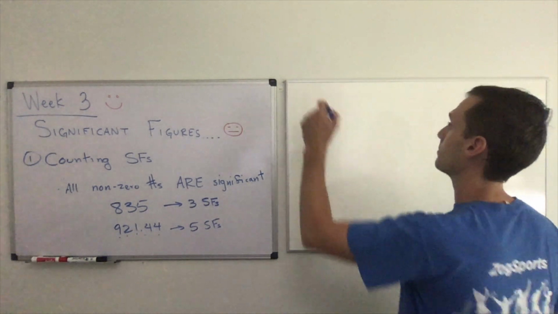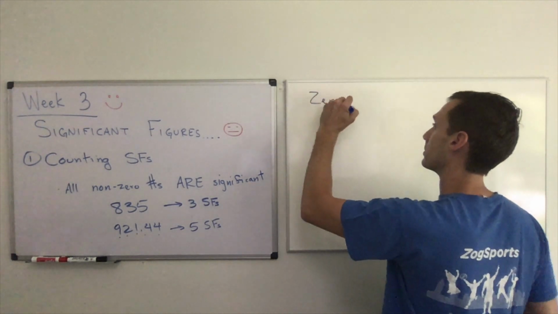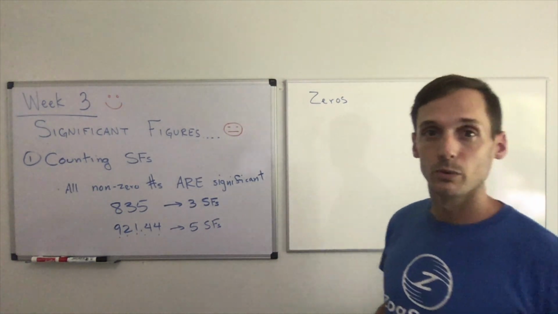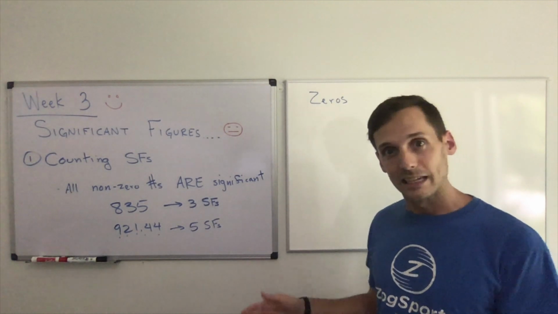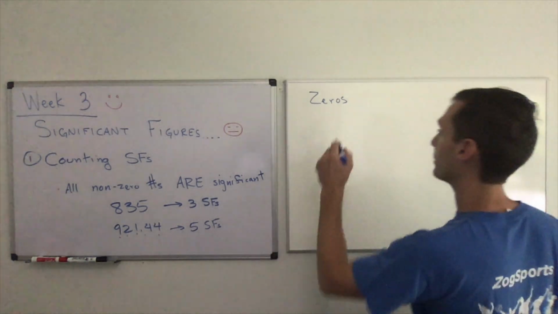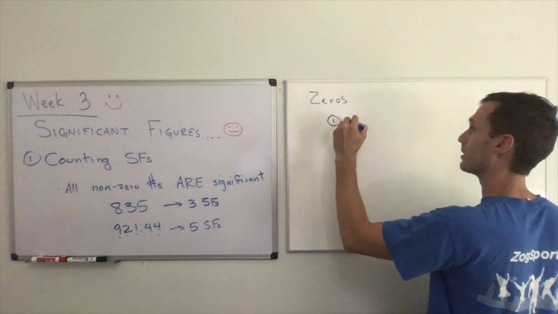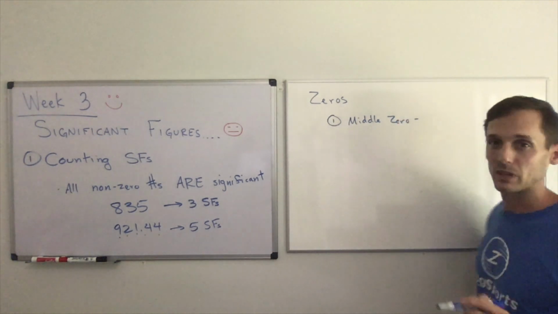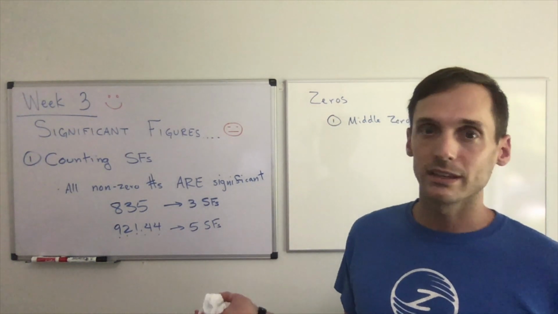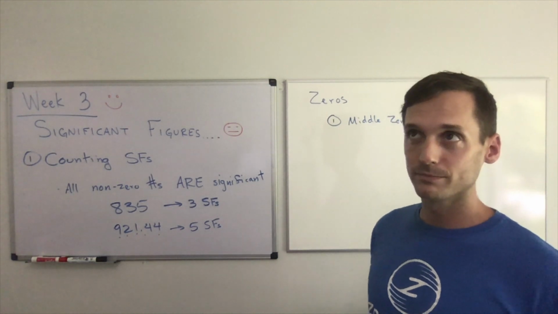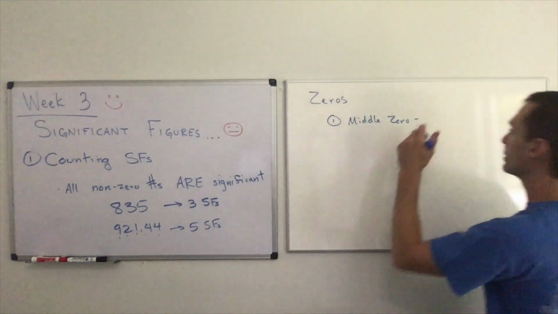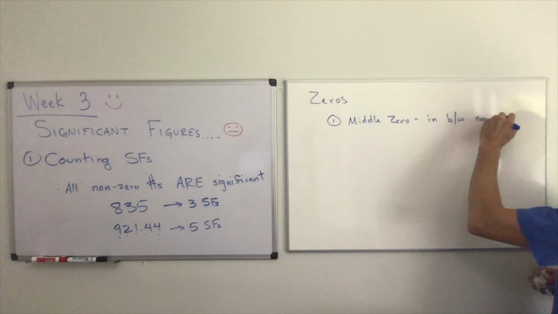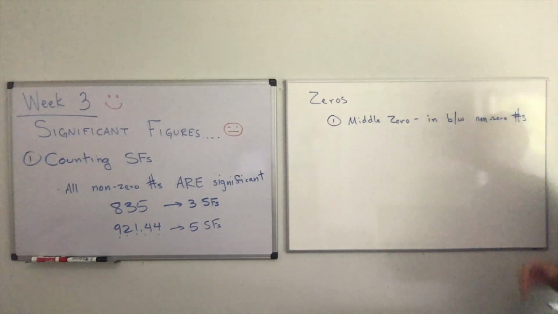The tricky part comes when we're talking about zeros, okay? Now we have 3 different types of zeros that we have to worry about. Again, we'll start with the easy ones and then get a little trickier, okay? So the first type of zero is what I'm going to call a middle zero, okay? And as the name implies, where do you think these zeros are located in a number? Great, they're in the middle. So these are located in between non-zero numbers, okay?